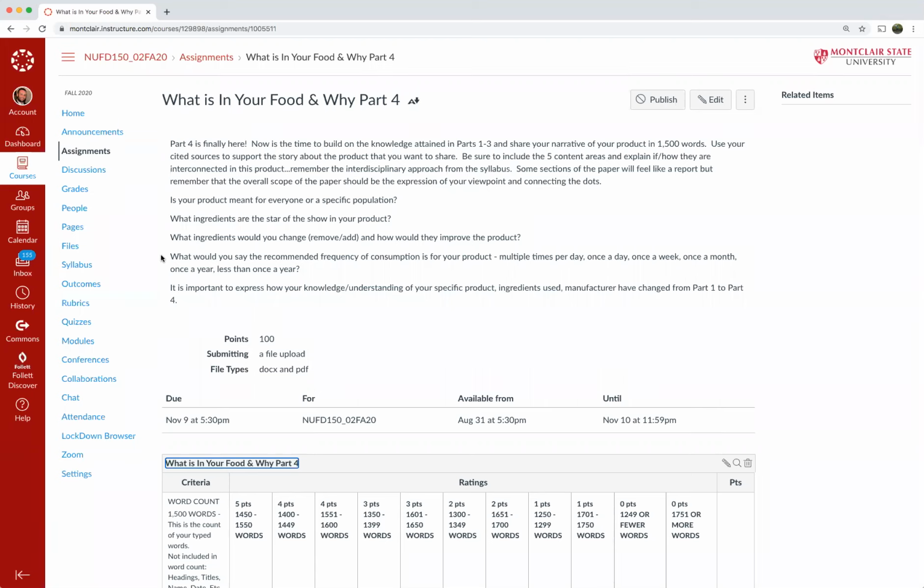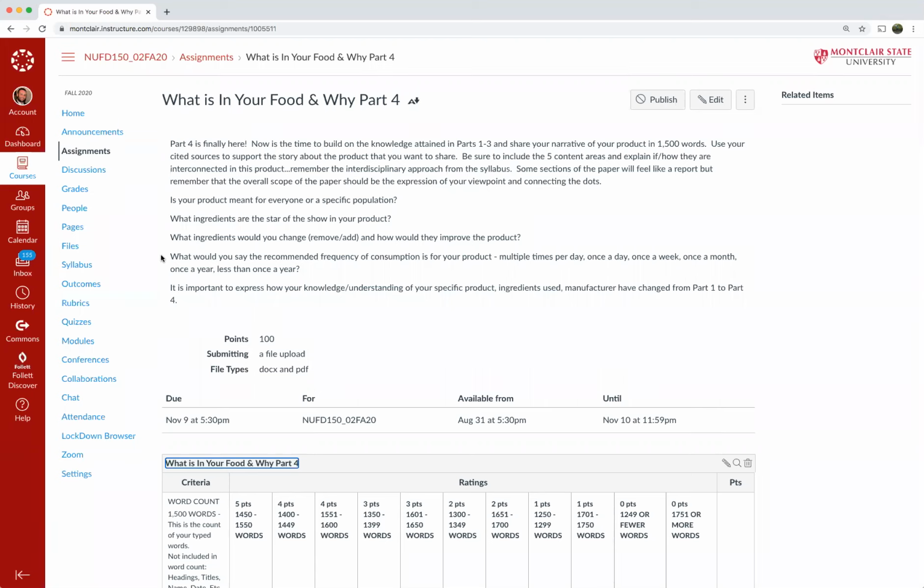Overall, it is important to express how your knowledge or understanding of your specific product, of the ingredients used, and the manufacturer. Now, when I say manufacturer, I could also mean the owner of the company.